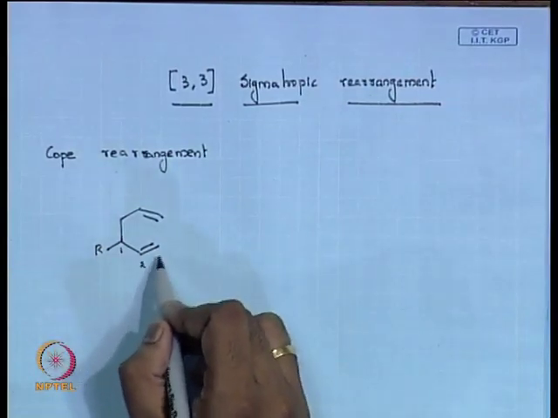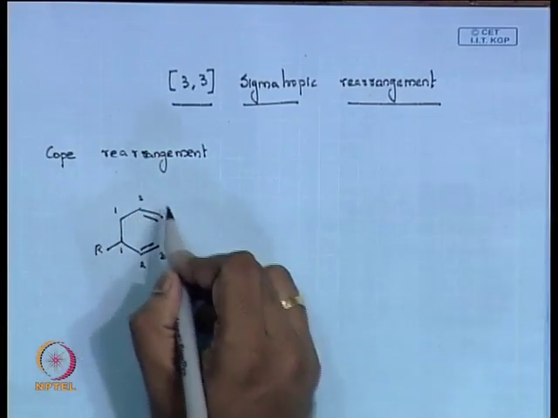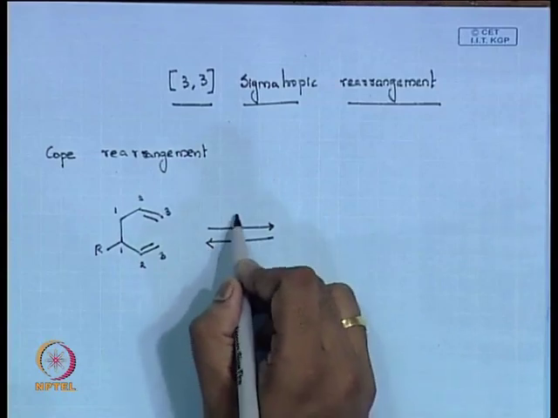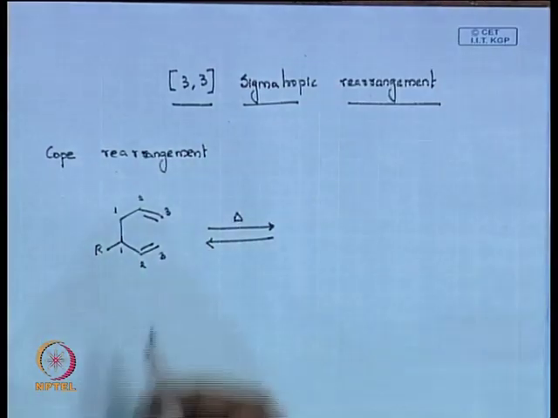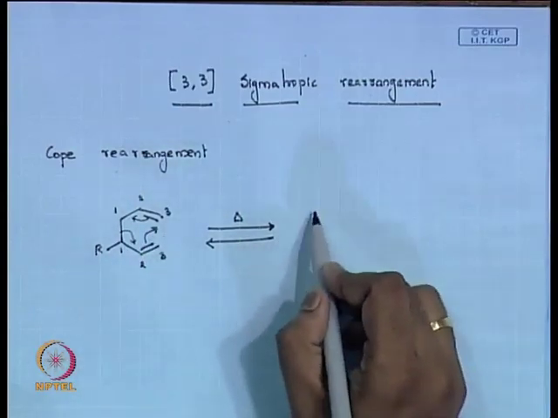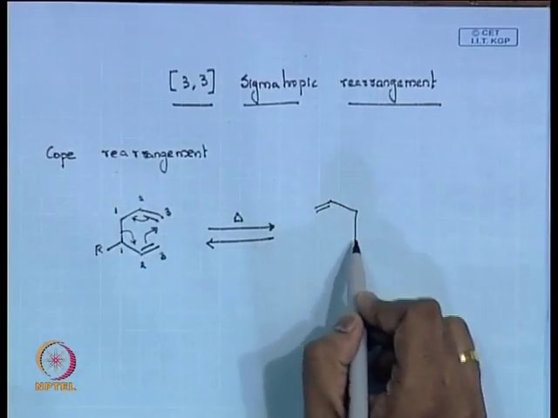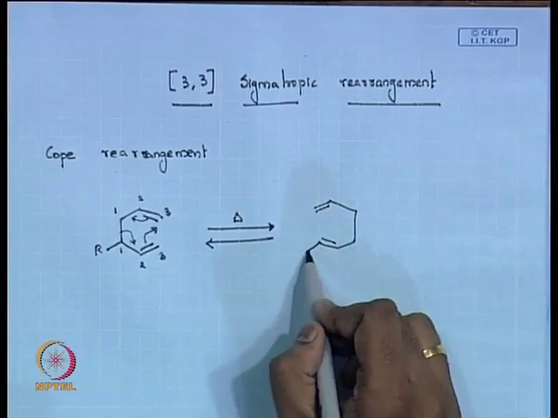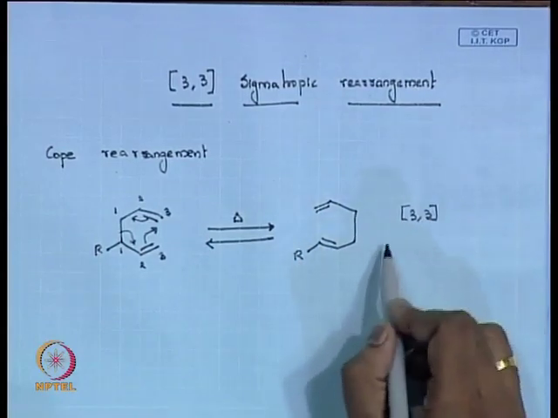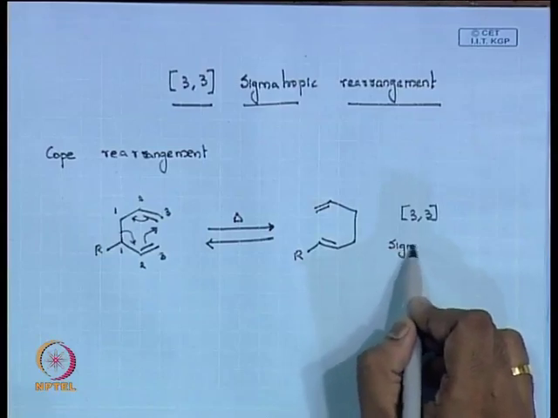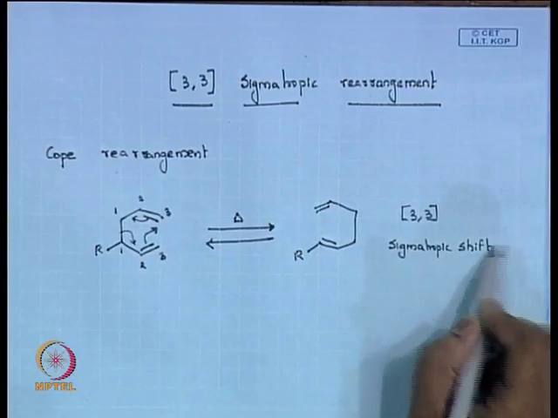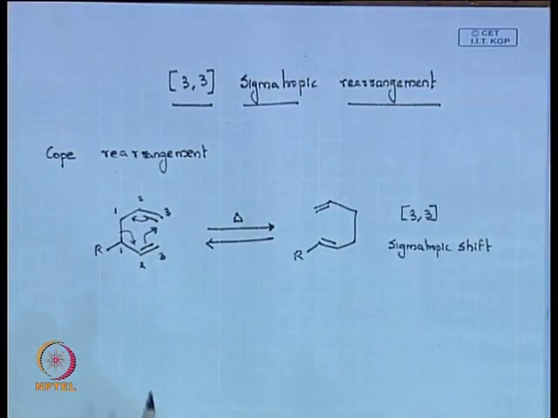So, 1, 2, 3, 1, 2, 3. Let's do a 3,3 sigmatropic shift.